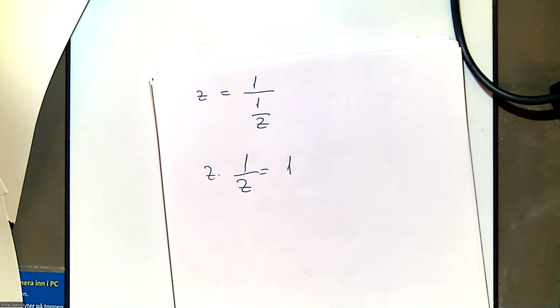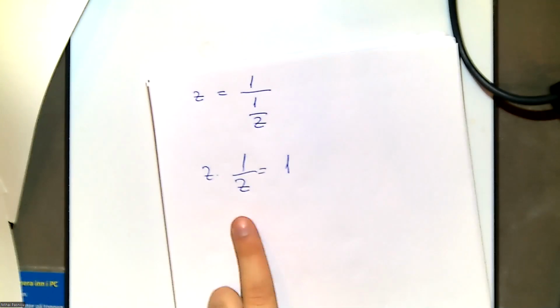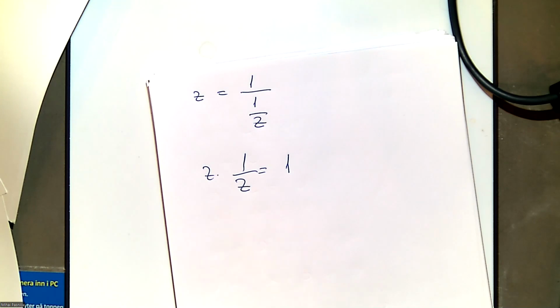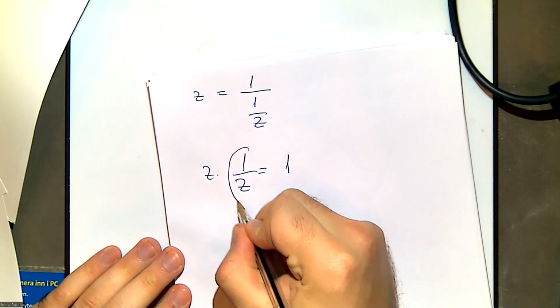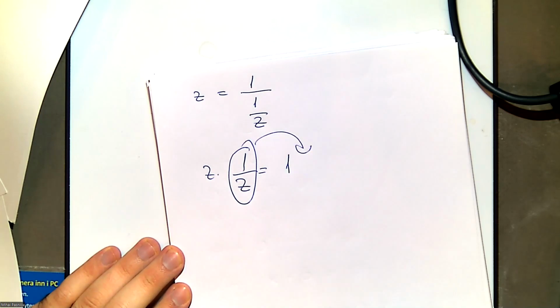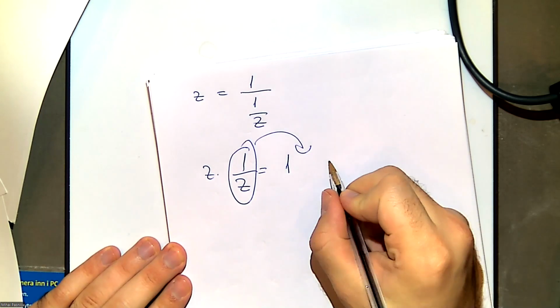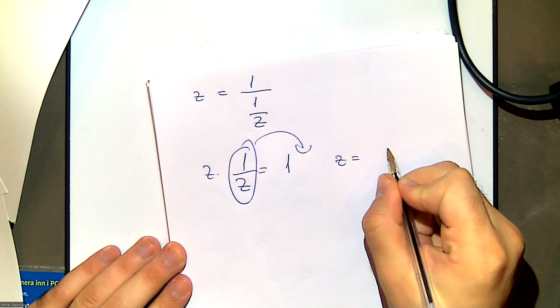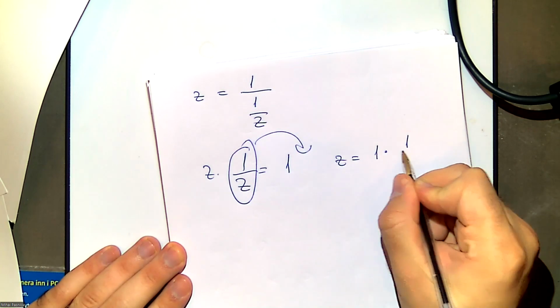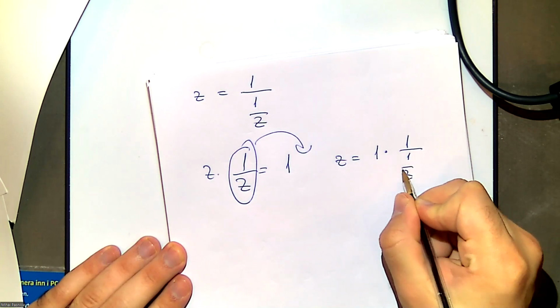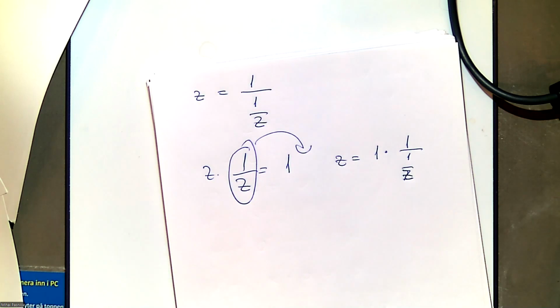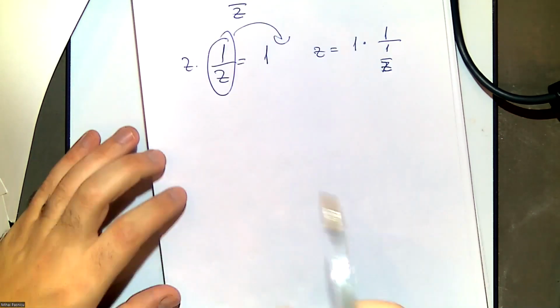Let's take it step by step. Does everyone agree with the second thing I wrote? Now I'm just going to move this to the other side, so I'm dividing by 1 over z. This is a very cool trick. Does it make sense to everyone? I'm just flipping it. That's the whole idea. I'm creating my fraction.